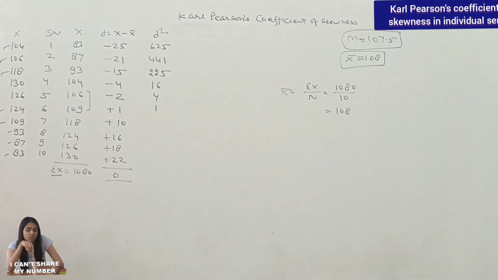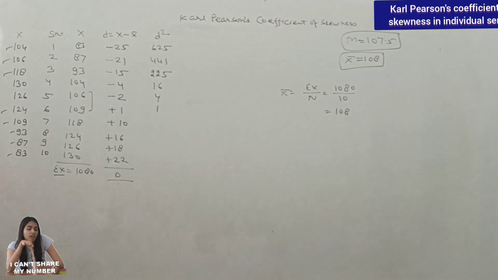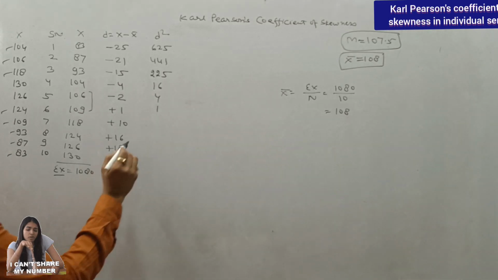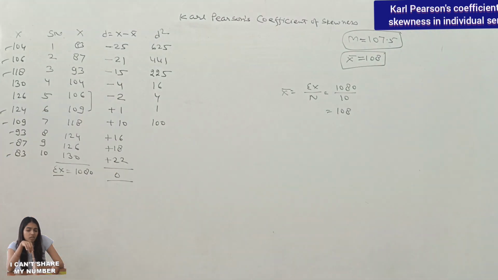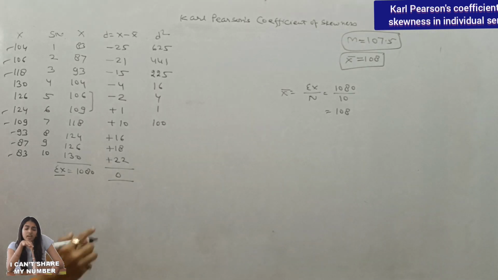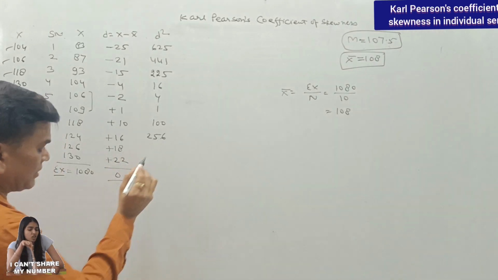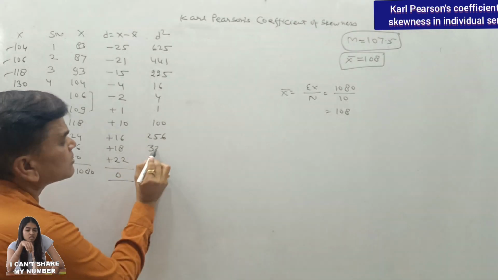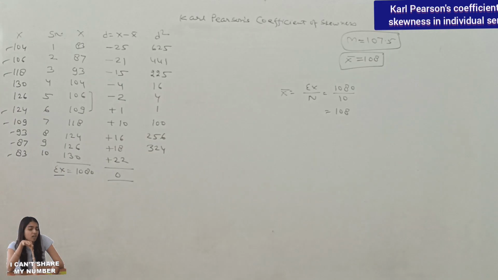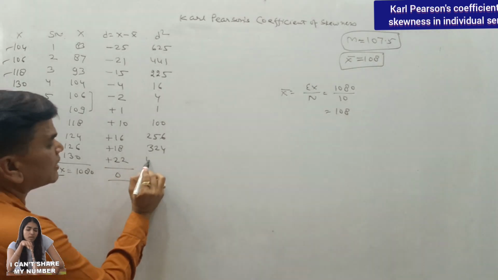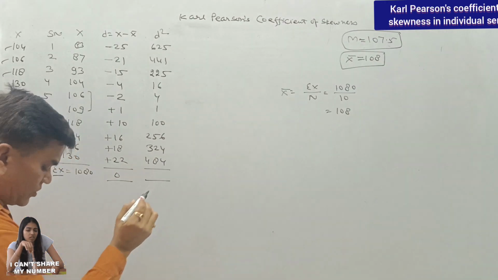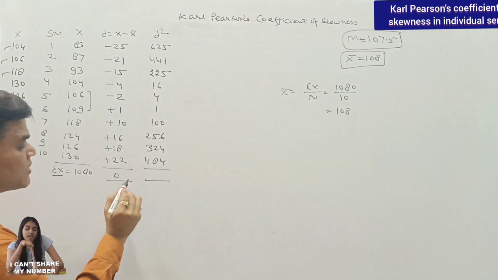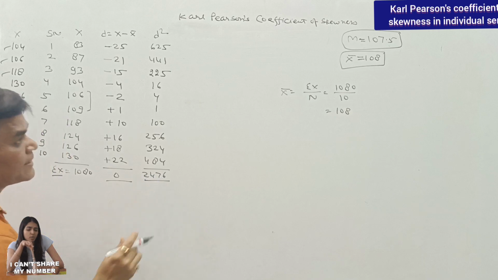Then 4, 1, then 100. 16 multiplied by 16 is 256. 18 multiplied by 18 is 324. And the last one, 22 multiplied by 22, is 484. So the addition of all of these is 2476.